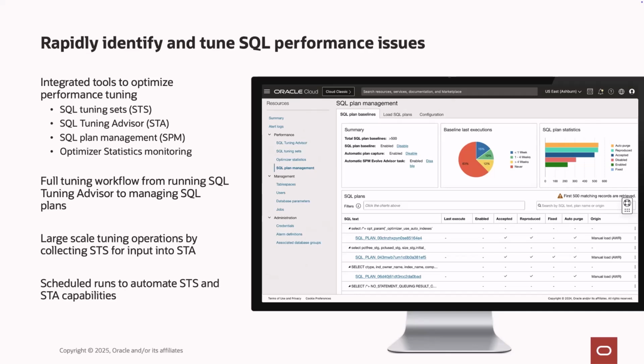Then you can drill down into the individual plan as well, and get details around the execution plan for your SQL statements, the plan hash value it's utilizing, as well as some of the predicate information with your filters and some of these other details. You can view these all here within the console.